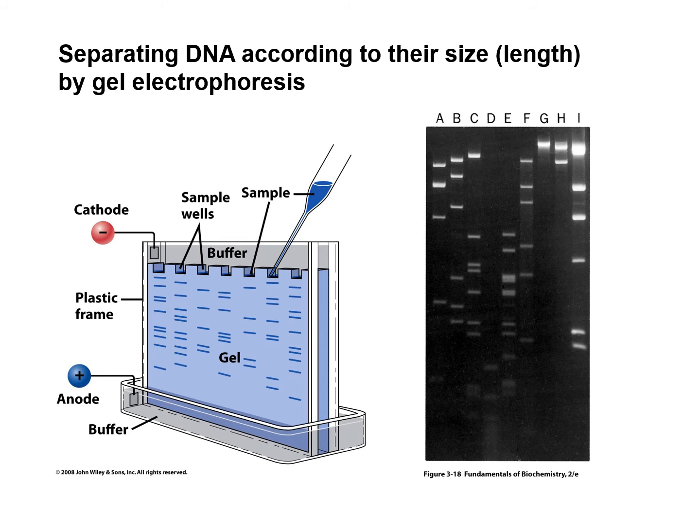Now you're ready. You're going to load your samples, which contain multiple DNA fragments. Once you turn on the electricity, it will go through the cathode and anode, and the anode will work as the plus end.